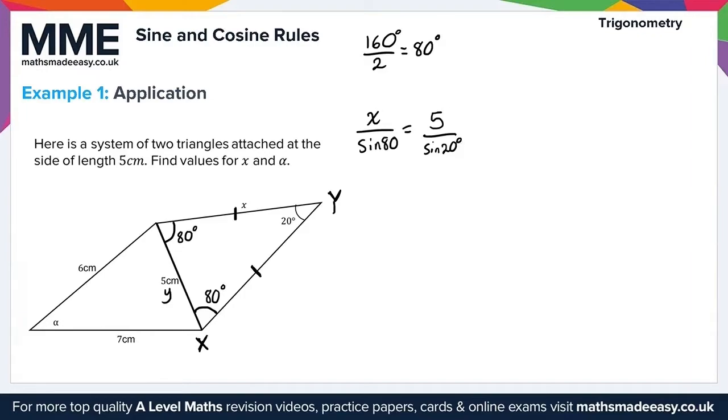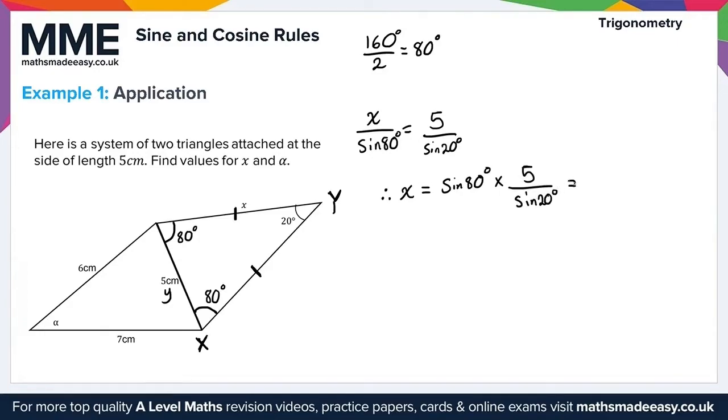Now in this case here, all we simply need to do is solve for x. And to solve for x, we're just going to multiply the left hand side of this equation and the right hand side by sine of 80 degrees. So therefore, x is going to be equal to sine of 80 degrees times by 5 over sine 20 degrees.